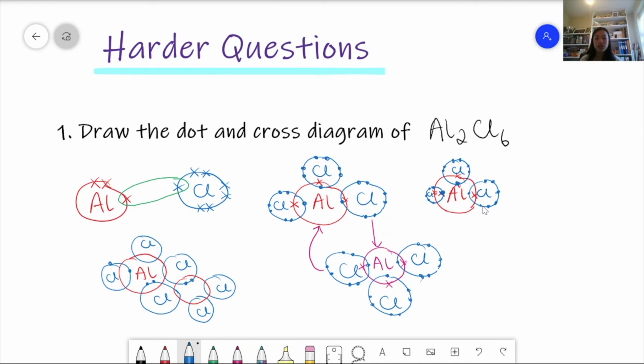So these have been given just by the chlorines. That's the dative bond.